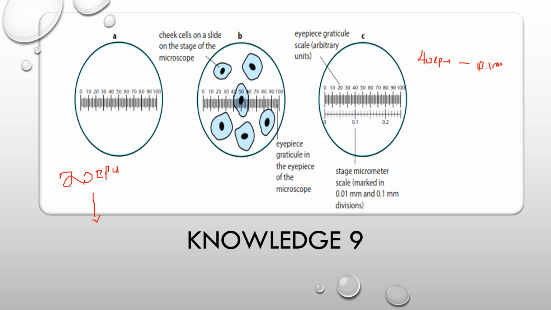We need to convert that 0.1 millimeters to micrometers. So how do you convert millimeters to micrometers? Remember what I taught you? Multiply by what?